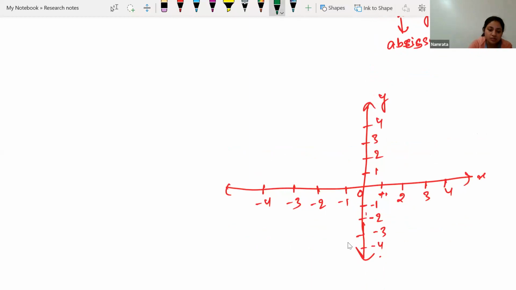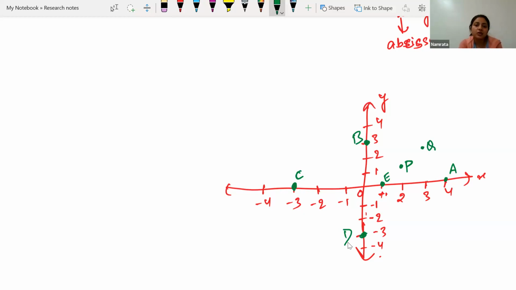So if there is a point E over here, a point A over here, a point B over here, a point C over here, one more point D over here, and this is the point which is, let's say, P. This is Q. Then we need to write the coordinate of these points.